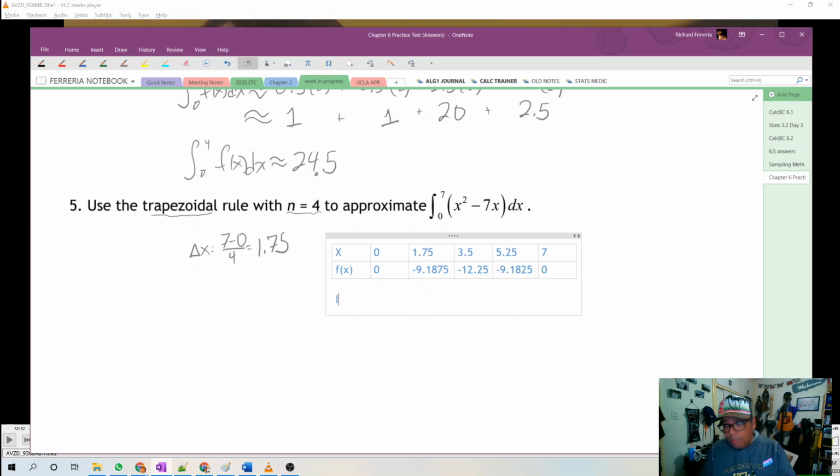So in the trapezoidal formula, we can integrate from 0 to 7 of this function, x squared minus 7x.